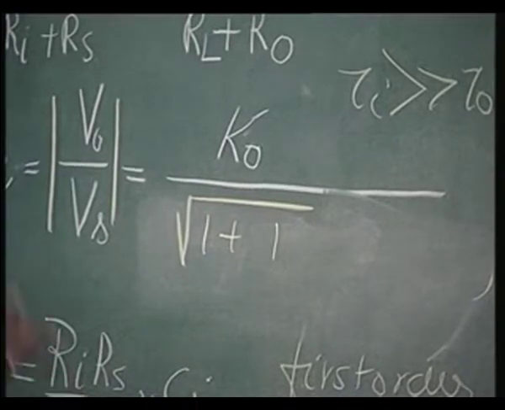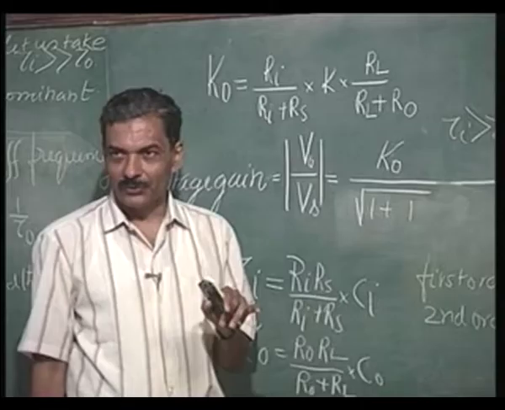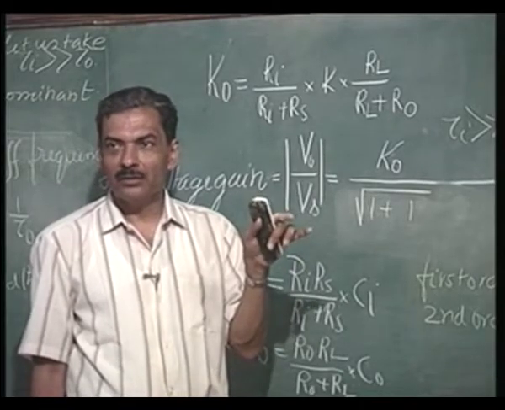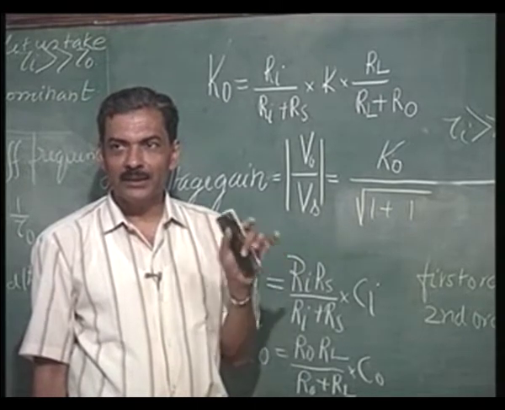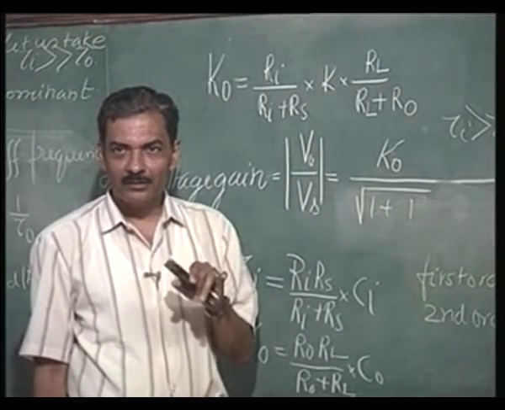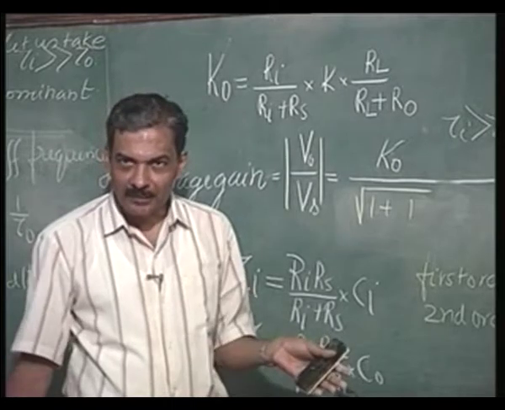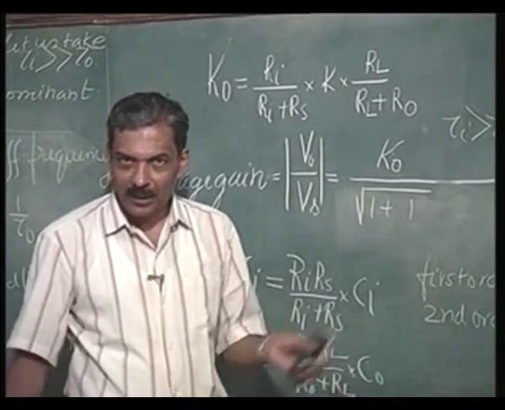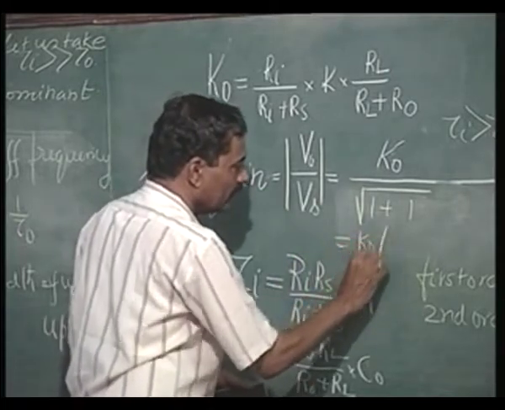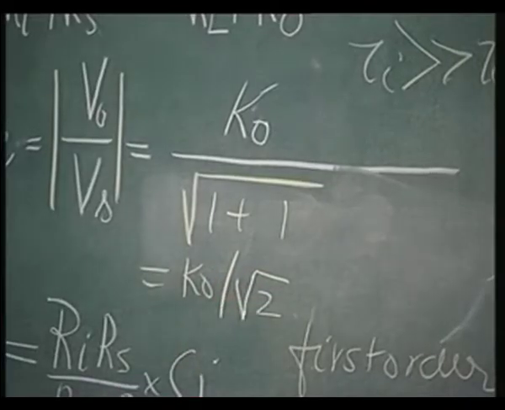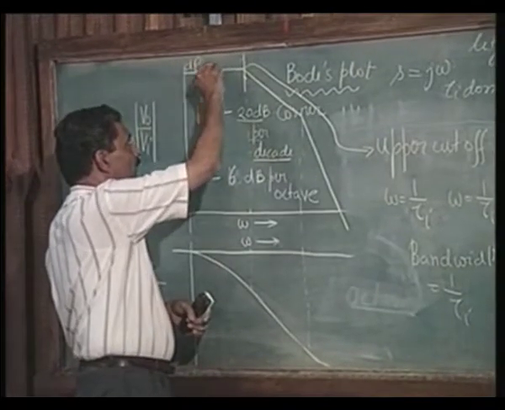It is therefore 20 log 1 over root 2, which is 10 log 1 over 2, or minus 10 log 2, which is minus 3 dB. So this is called upper 3 dB point. So this is equal to k naught by root 2. This corner point, the actual attenuation curve will be going like this.